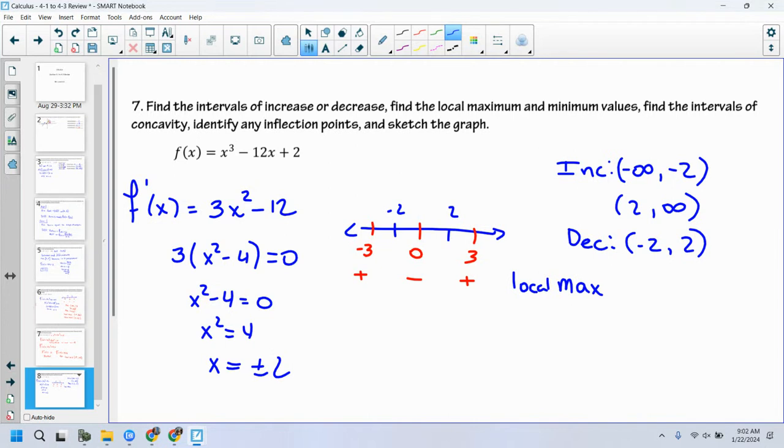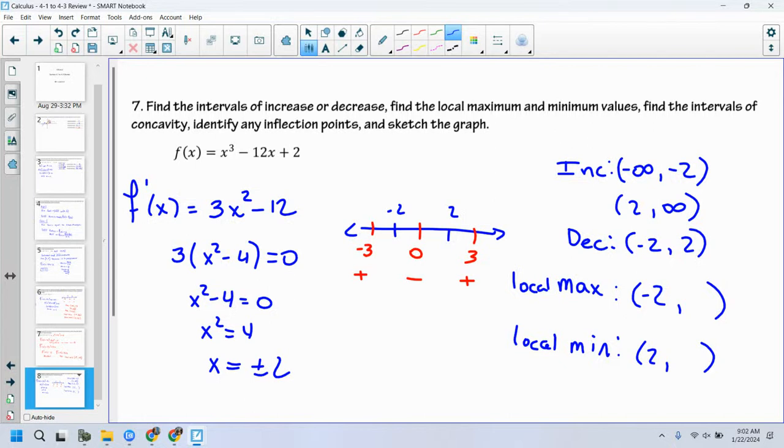Where's the local maximum? It goes up to down. Yep. Increase to decrease at negative 2, right? Increase to decrease, so it tops out at negative 2 comma something. There is a local minimum at, okay, look, I'm decreasing, and then at 2, I start to increase, right? That is a local minimum point at 2 comma something.